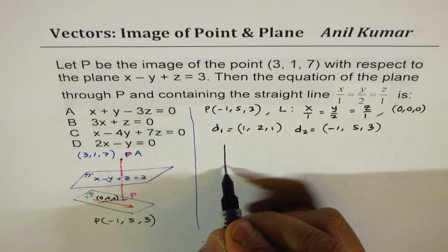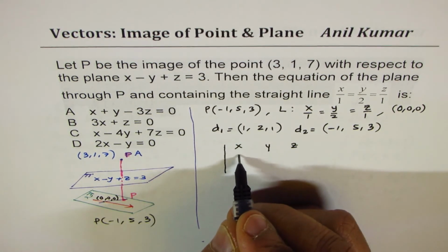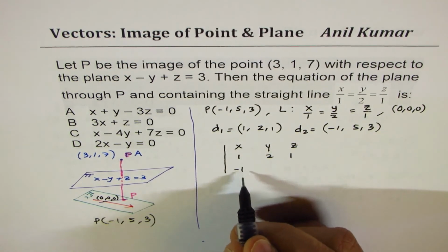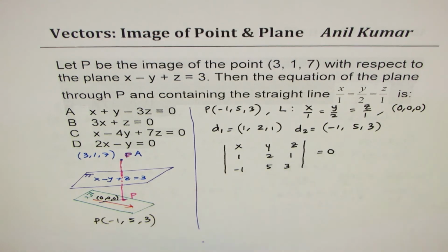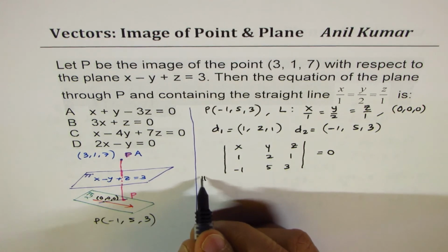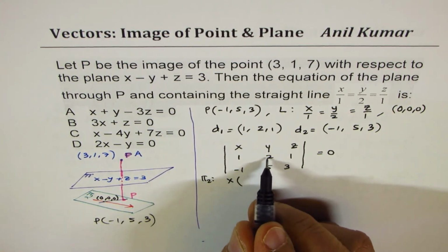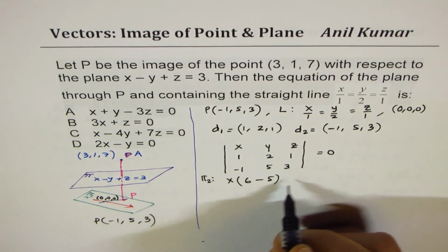So an easy way is we could write x, y, z. One of these direction vectors is 1, 2, 1. The other one is minus 1, 5, 3. And this should be equal to 0 to give us the equation of the plane, right? So the plane pi 2, which we're talking about, we can say x times 2 times 3 is 6 minus 5, right?